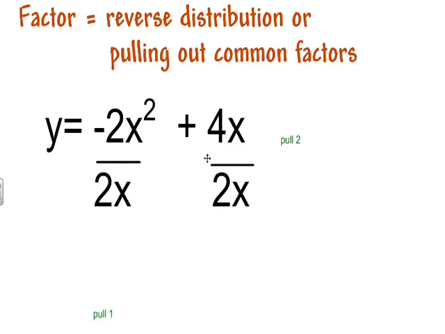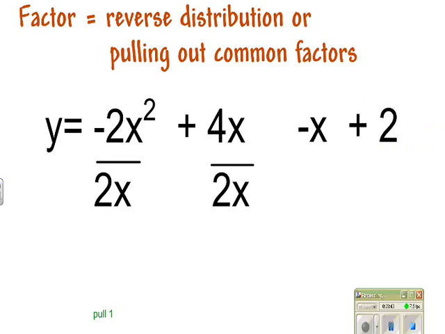So we could divide those out, and that would leave us with a negative x plus 2. See that? Take out 2x. That's going to leave us a negative x. Divide out a 2x. That's going to leave us a 2.